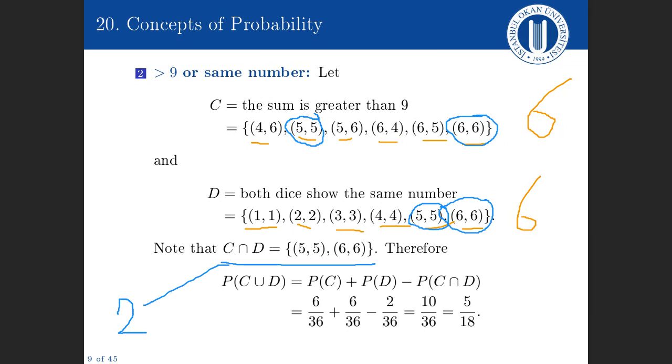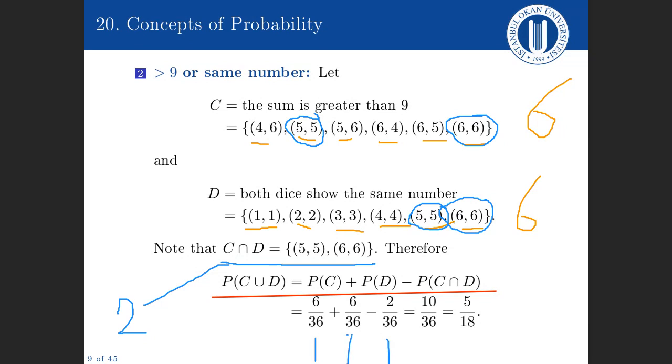Now I'm ready to use the formula. The formula from the theorem is that the probability of C union D is the probability of C plus the probability of D minus the probability of C intersection D. Because there's 36 simple events in the sample space, everything is going to be divided by 36.